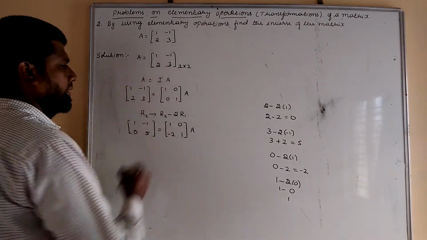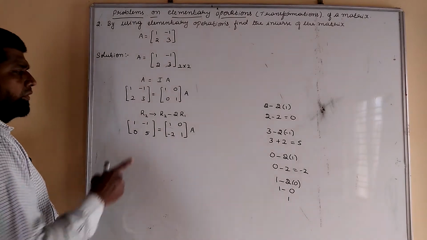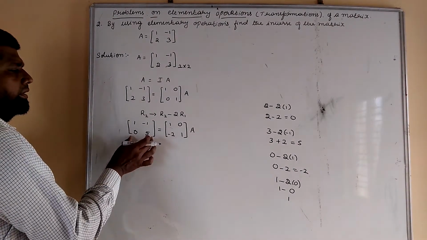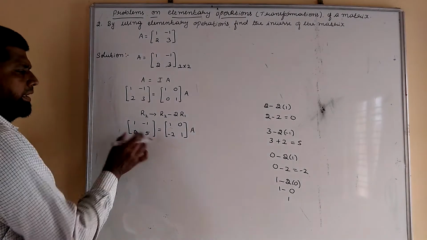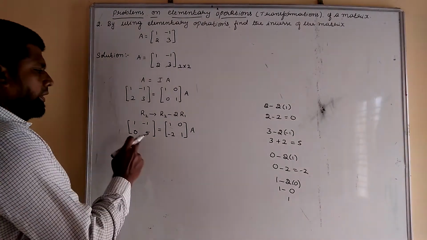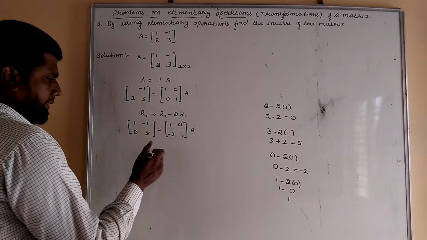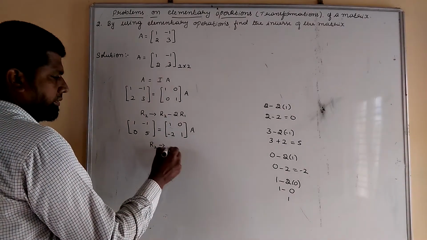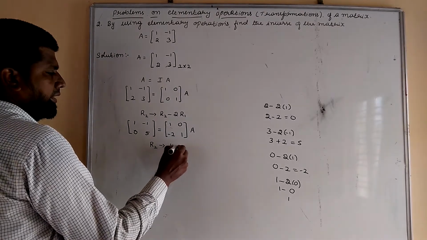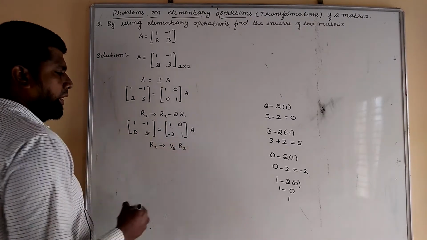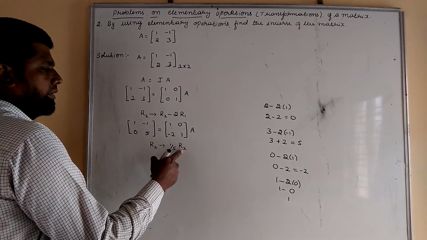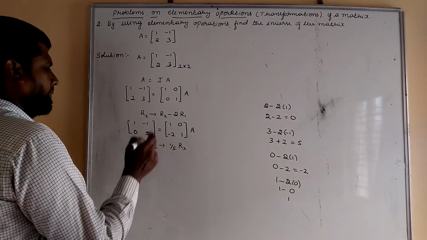So this is A. Now we have got 0 here. We have to make this A an identity matrix, so now we have to remove the 5. Let us go for R2 only. R2 changes to 1 by 5 into R2. You know the second operation, with K, we are multiplying a row.